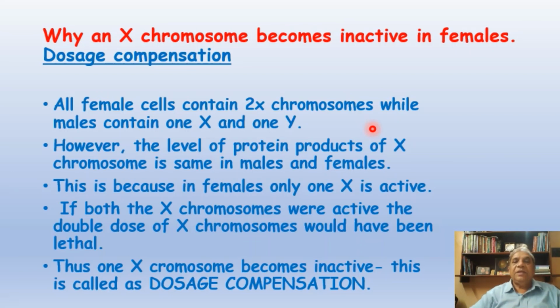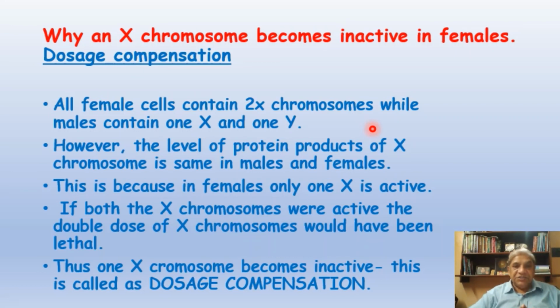And this double dose of protein, which may be in the form of hormones, enzymes, or any chemicals, would be lethal. A condition similar to a numerical chromosomal abnormality would take place. So it is not good for the health. Probably the female will die if two are active simultaneously.